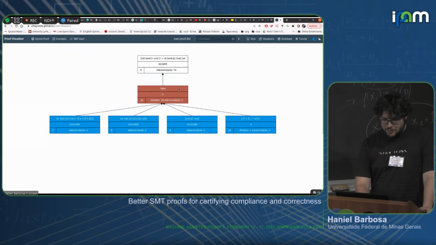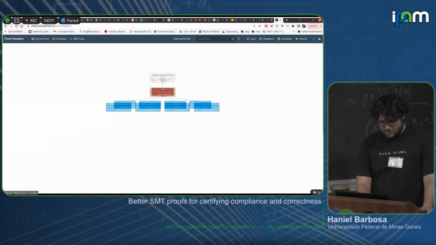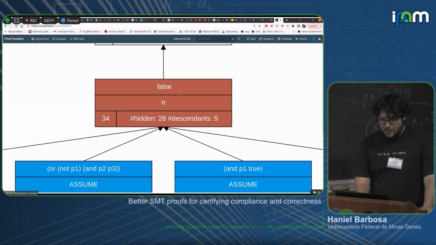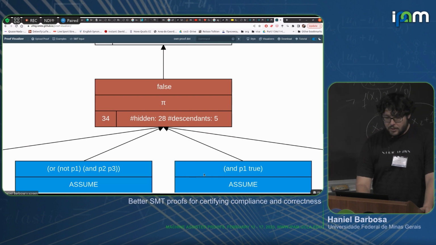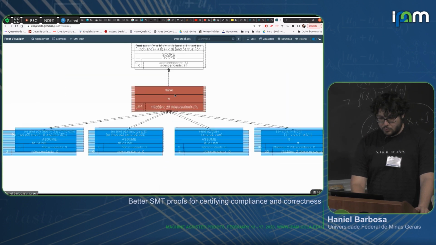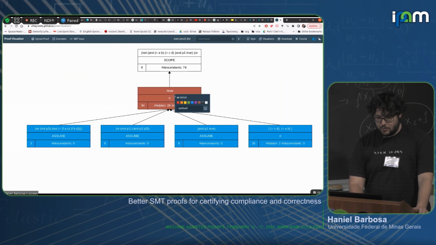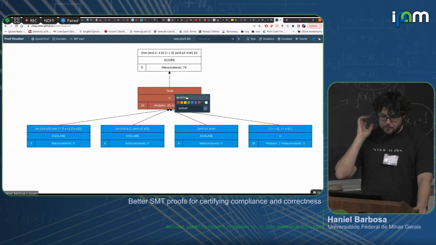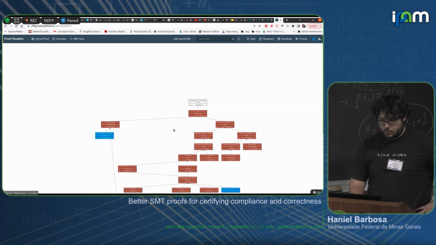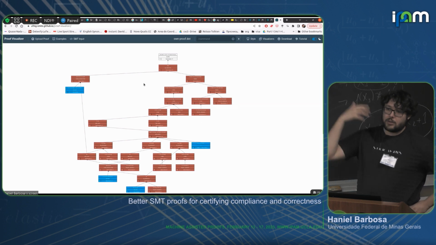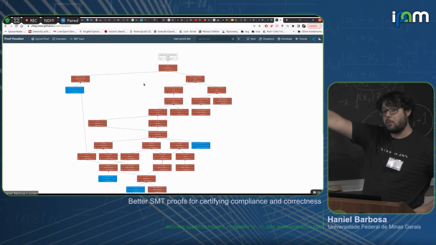You see false here? This is not very big, right? Here, false. We are deriving false from a set of assumptions, which are these blue things here. These assumptions are what we have given as input to the SMT solver. And this is folded because it's hiding 28 steps that the solver has done. And this is in brown because the solver solves this problem purely by rewriting, as we call it. So this is all done in the pre-processing phase.